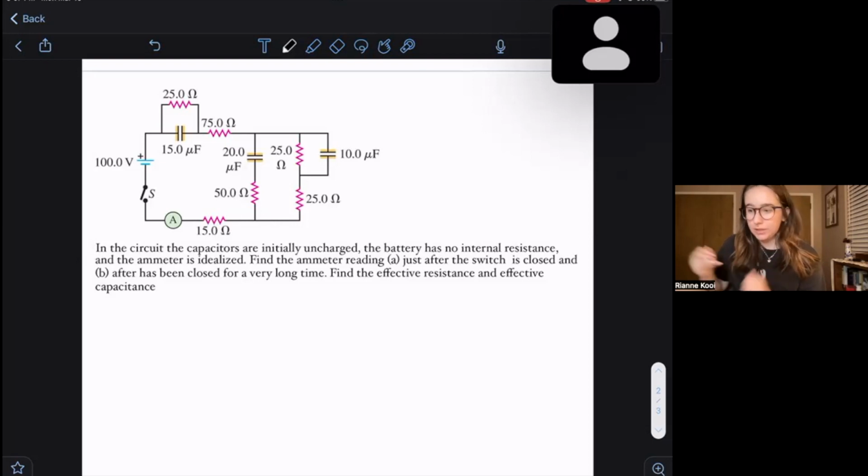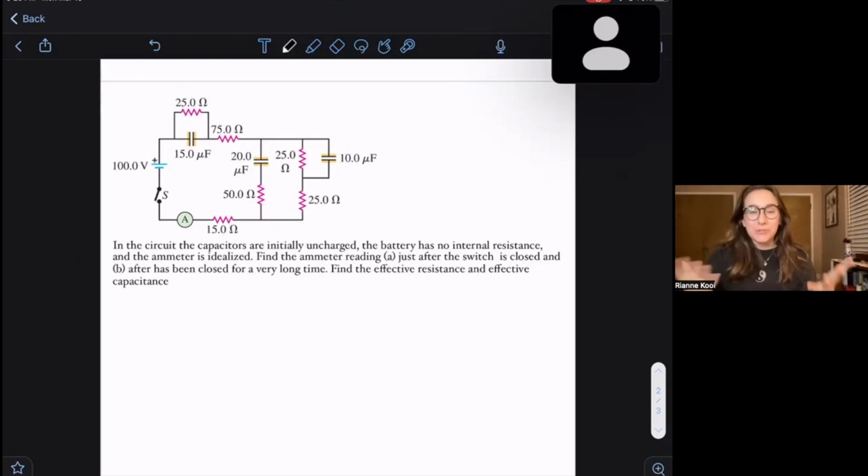So the first thing we should do is start with finding the effective resistance and effective capacitance of this circuit. Let's start with resistance. Let's find the entire effective resistance for the entire circuit.